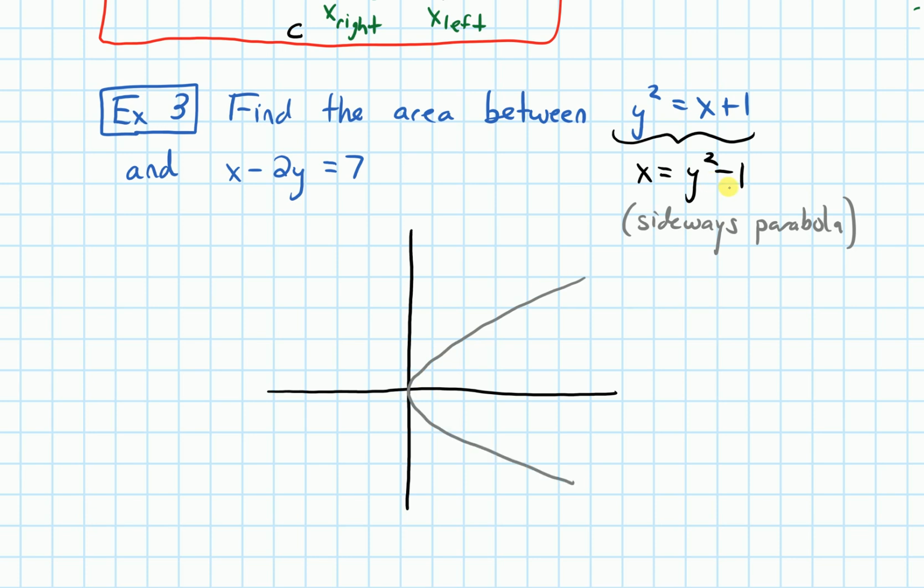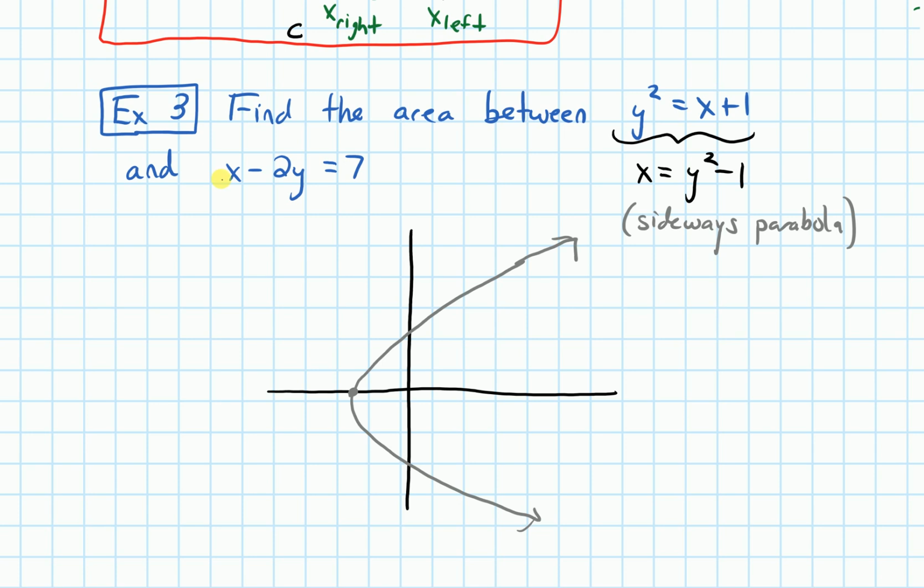What the minus 1 is going to do is make what x equals one unit smaller. Because before, this graph was just x equals y squared. So when we do x equals y squared minus 1, it's making all the x coordinates 1 unit smaller. So that's going to shift everything to the left by 1 unit. So it's going to make the parabola look like this. Okay, so we have a parabola that looks like that.